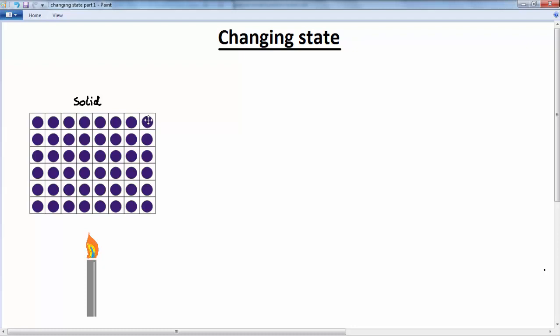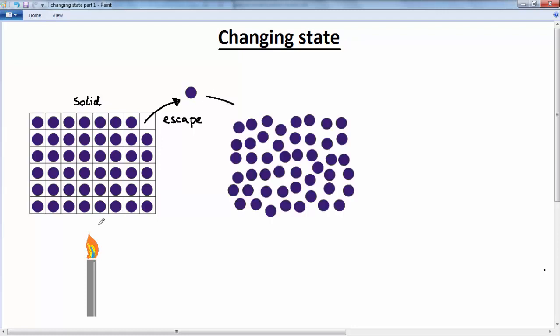That's to say, to break out of the prison cells in our analogy. So this one escapes, yippee, and the substance starts to change from a solid into a liquid state. As we continue heating the solid, more and more of the particles will gain enough energy to escape from the lattice and move into the liquid state.